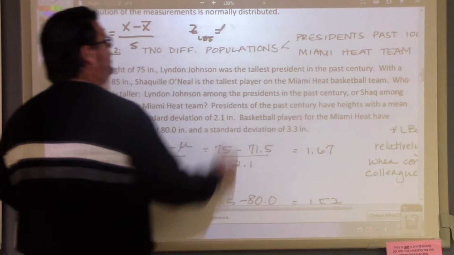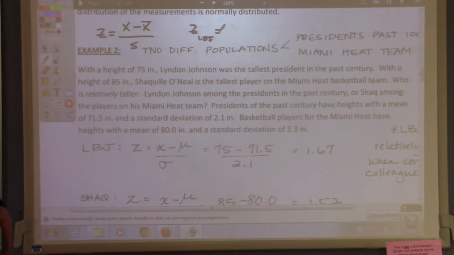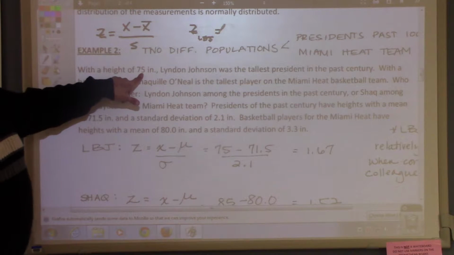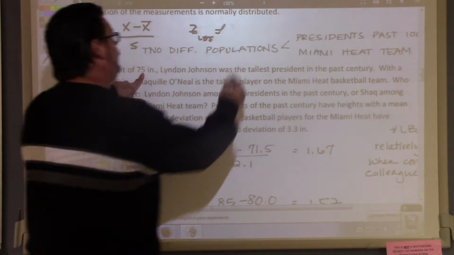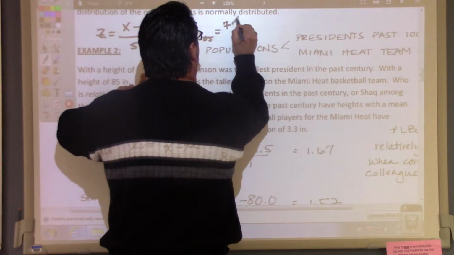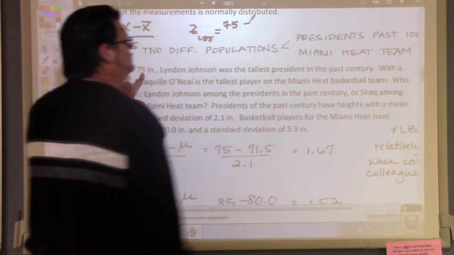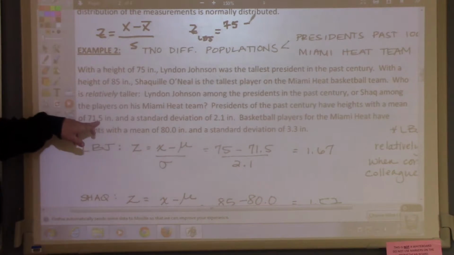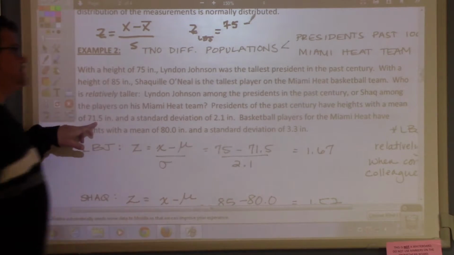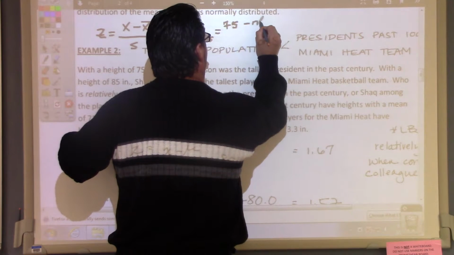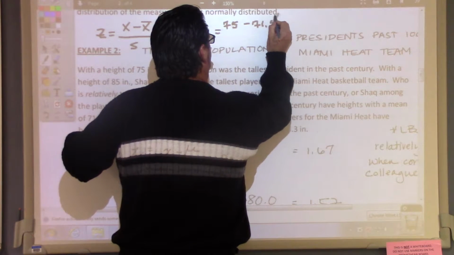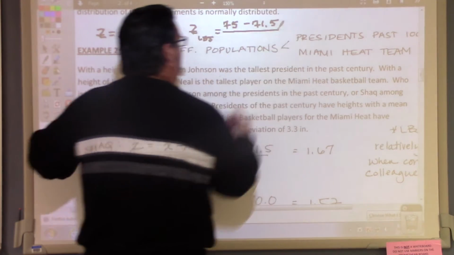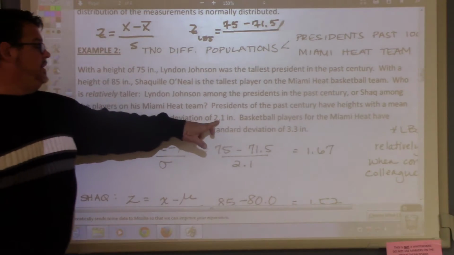So the Z-score for LBJ is going to be his height, which is 75, minus the what? The president's what? Mean, which is 71.5, over the president's standard deviation.